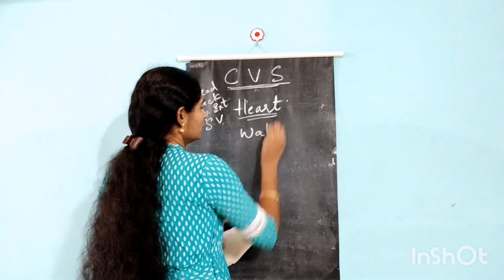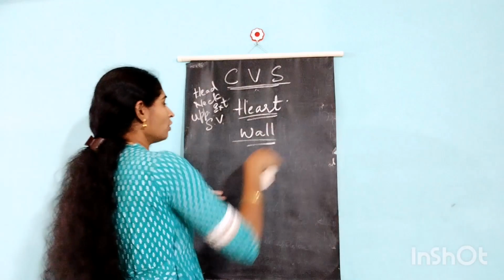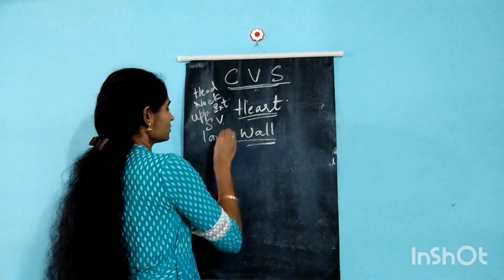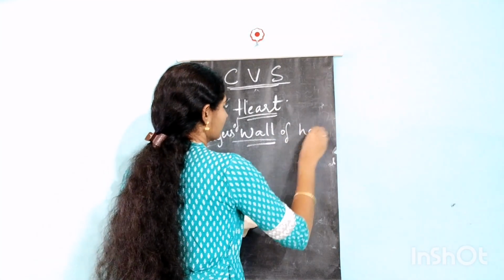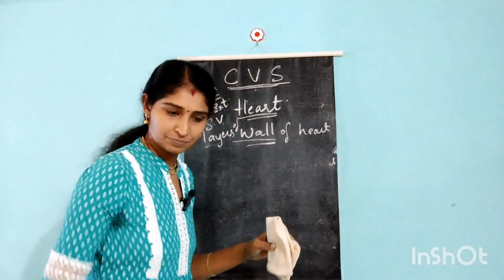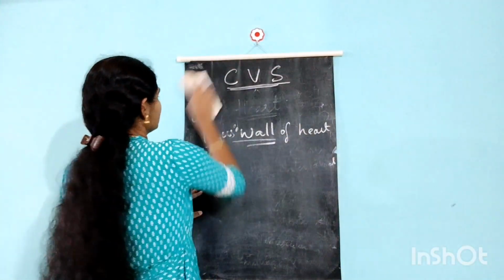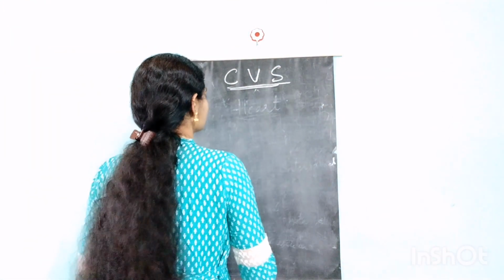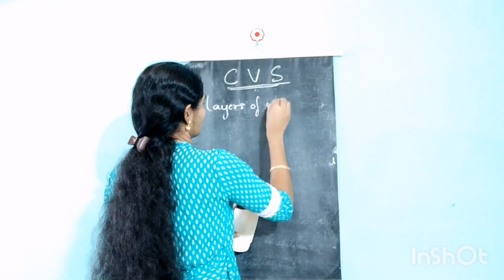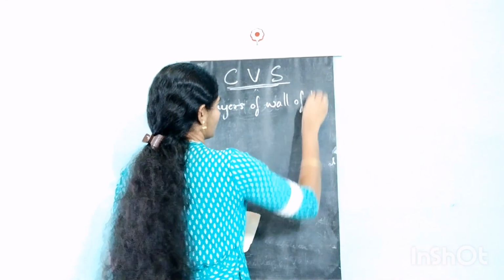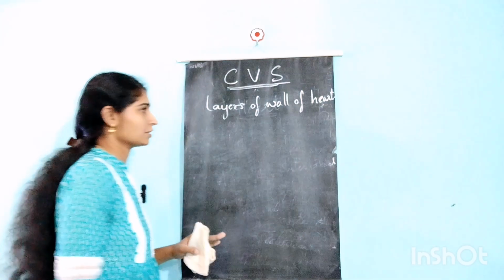Now moving on to the walls, that is layers of wall of the heart. We are going to study about the layers in the wall of heart. I hope till here you are clear with the introduction.